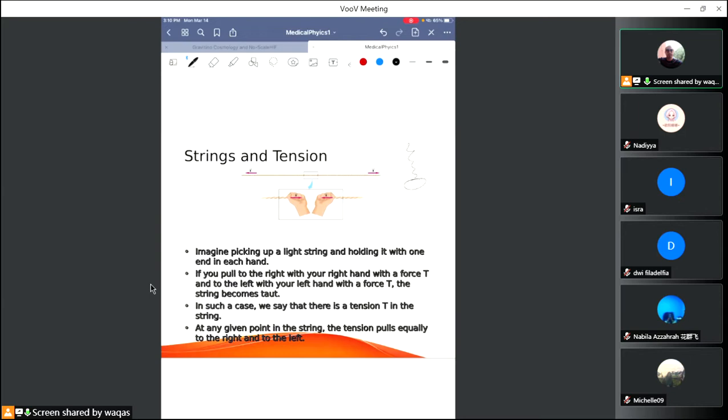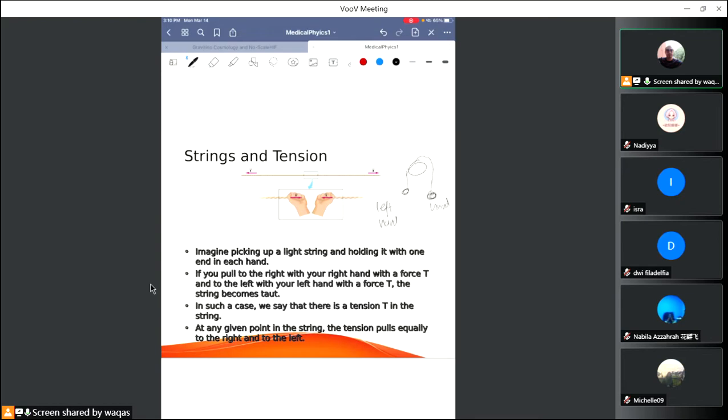If you pull to the right with your right hand with a force T, and to the left with your left hand with a force T, then the string becomes taut. I can give you an example like this. This is a pulley, and here is your right hand, and this is your left hand.